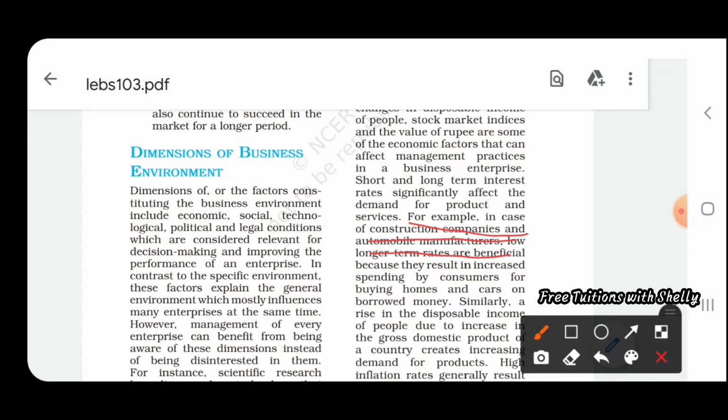So in case of construction companies and automobile manufacturers, lower term rates are beneficial for them because consumers spend more for buying homes and cars on borrowed money. So according to the changes taking place in the trends of customers or in the economic environment, the business also has to change accordingly.